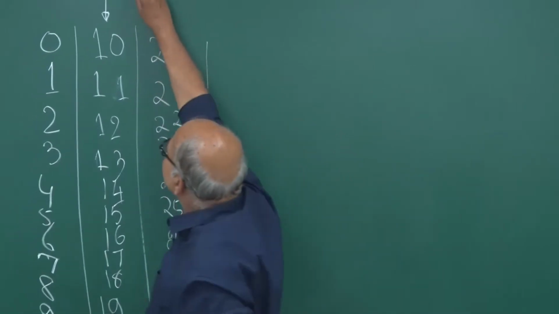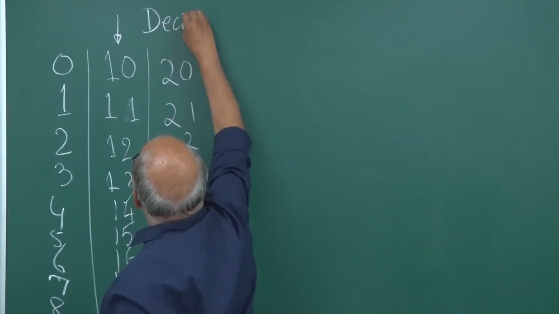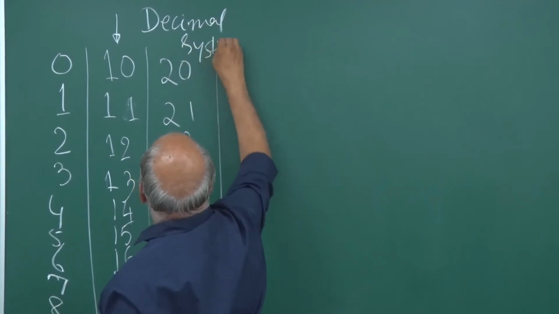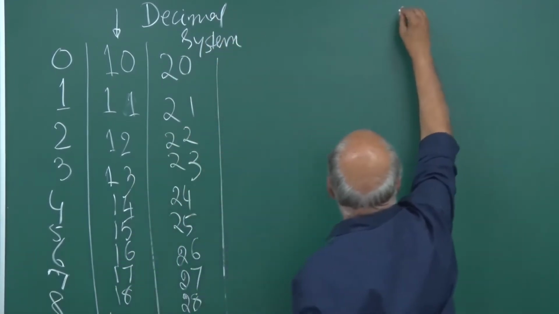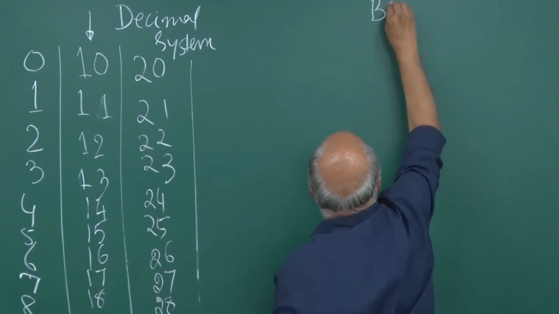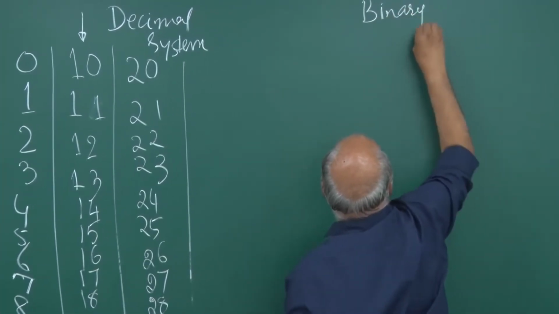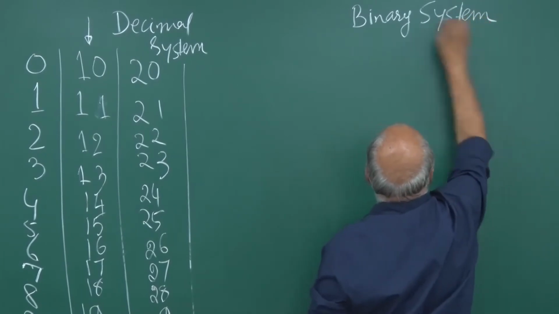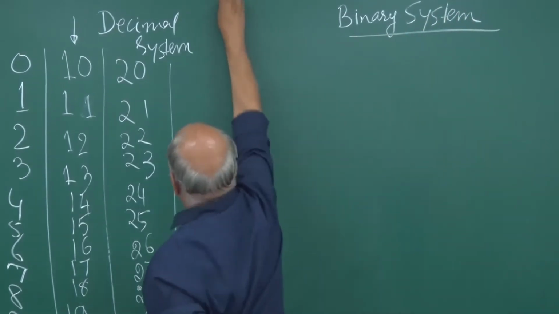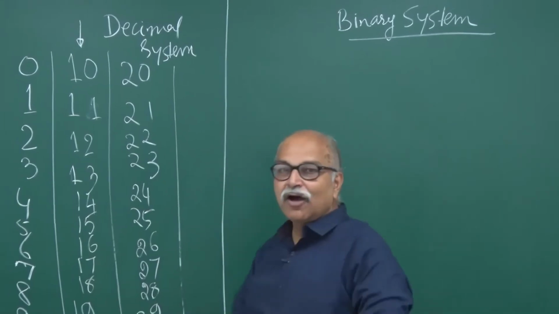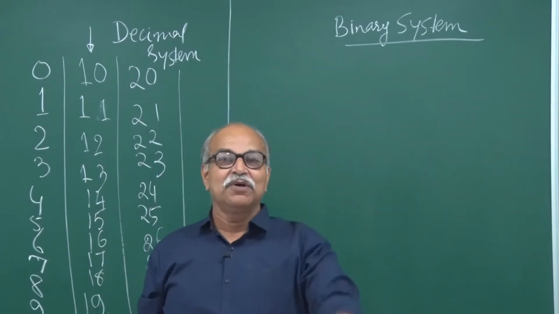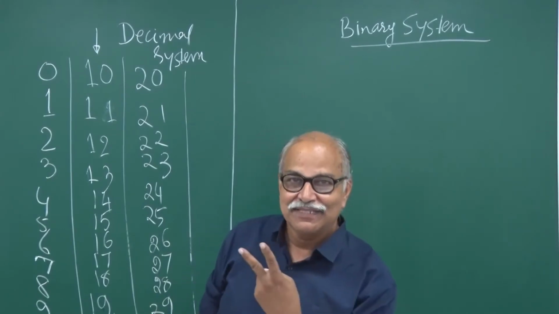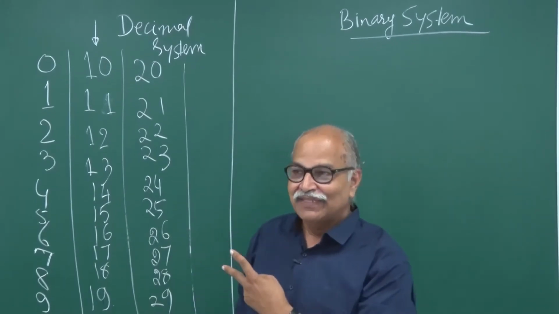So, this was counting in decimal systems, and if I do counting in a binary system, think of the first book of arithmetic, counting, but using only 2-digit symbols. So, how will it go?